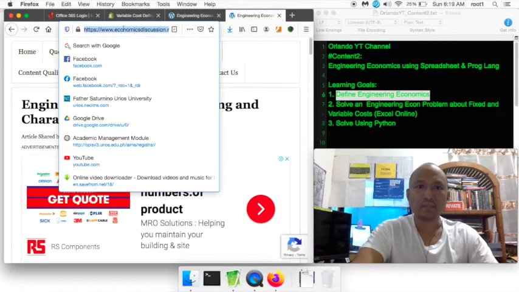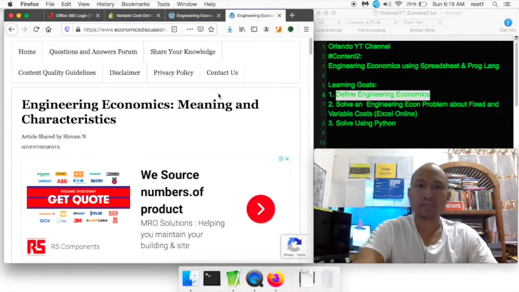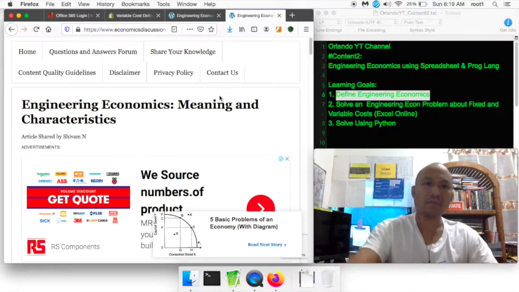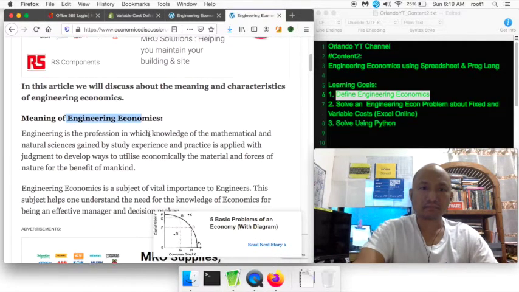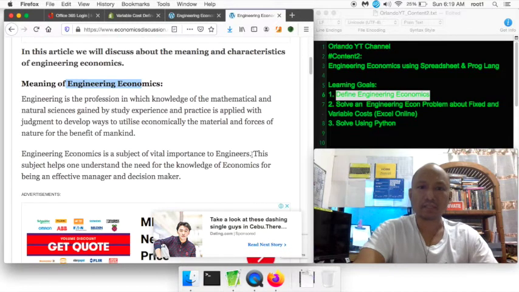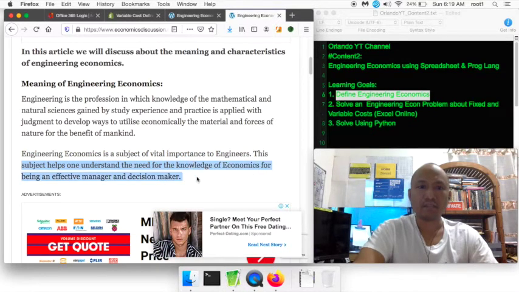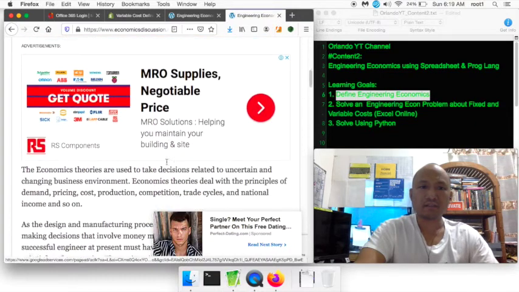In this website, I'm going to include this in the description below. The meaning of engineering economics: it's a subject of vital importance to engineers because it helps them understand the need for economics knowledge to become an effective manager and decision maker.